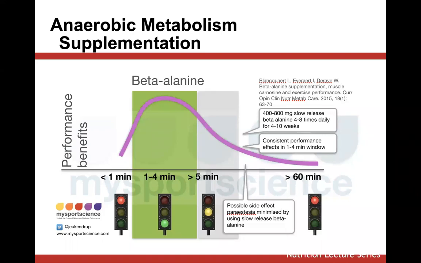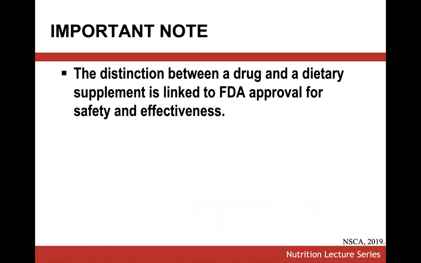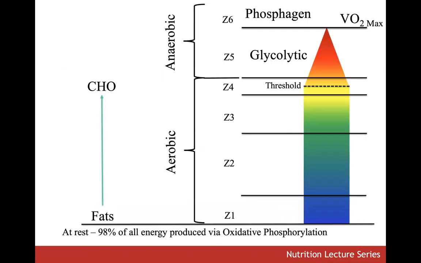So if we go back to our chart from the first part of our lecture, what we're talking about is beta-alanine really helps with buffering at intensities at threshold and in zone 5. It doesn't do anything for zone 6 because it's a completely different pathway with different outcomes. And so that's why we say it can help for efforts between 1 to 5 minutes, because these are the energy pathways or intensities that it truly affects.